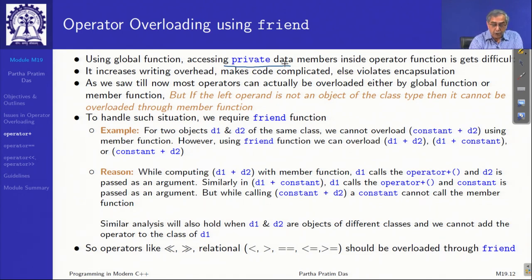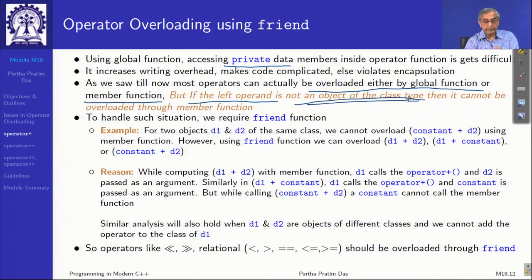Now, the operators can be overloaded either by a global function or by a member function, as we have seen, but if the left operand is not an object of the class type, then it cannot be overloaded through a member function. That is precisely the case we get into when we have an expression like 4.2 plus d 2.